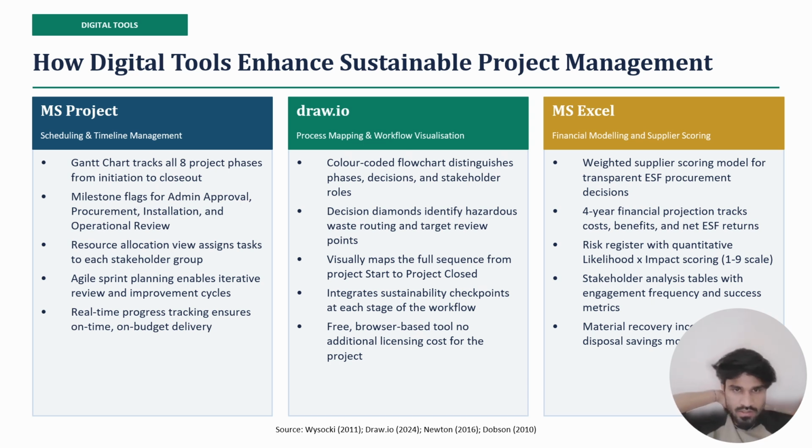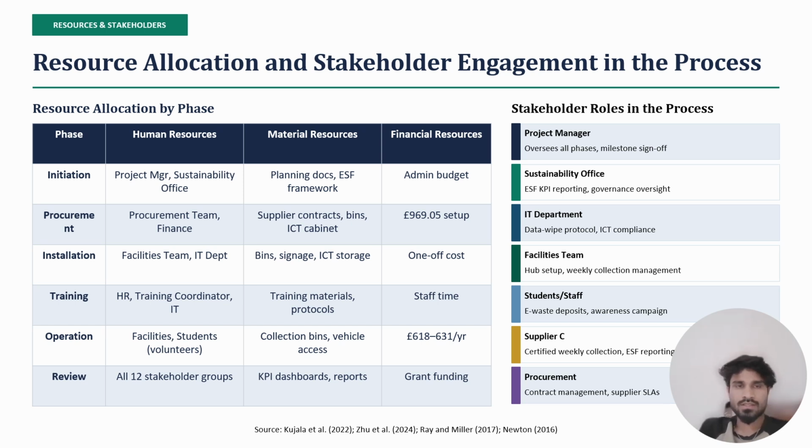And MS Excel supports financial modelling, e-waste supplier scoring, and the quantitative risk scoring, keeping all the data simple and transparent, and the adaptable, which Dobson's 2020 identifies as essential for responsible project financial management.